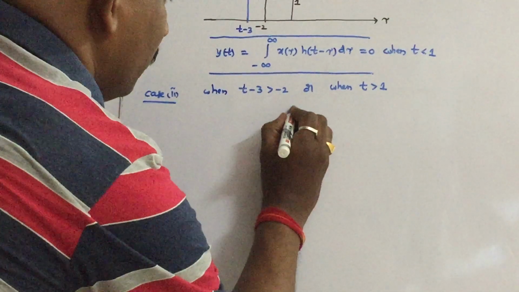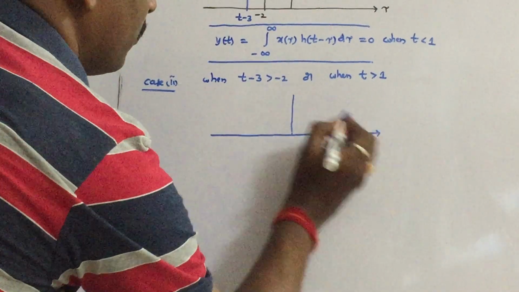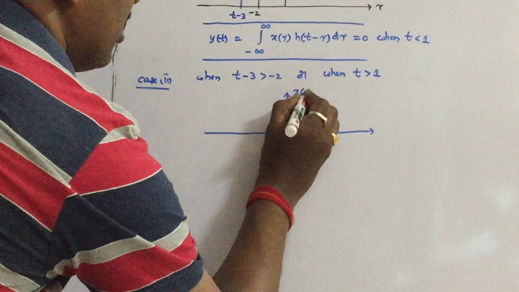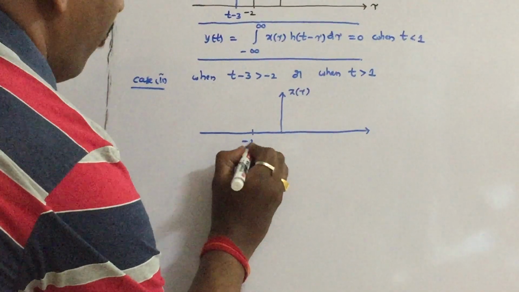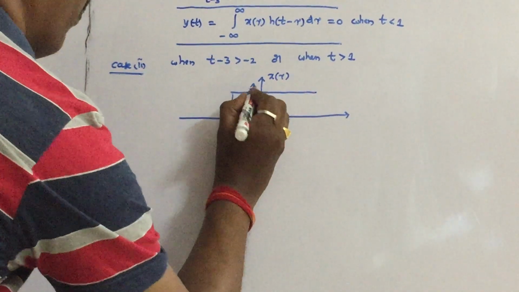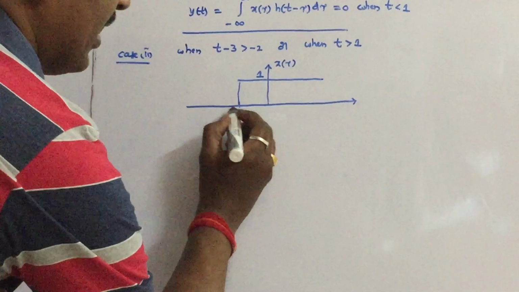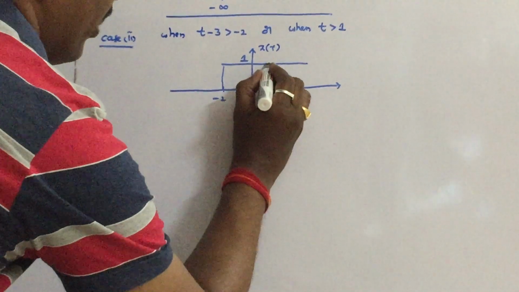Let us plot the two graphs on the same scale. This is x of tau. First, don't change the x of tau graph. This is amplitude 1. We have assumed that t minus 3 is greater than minus 2.